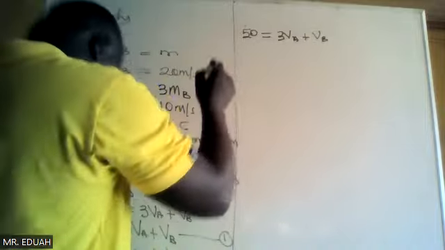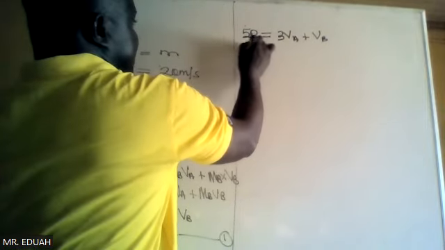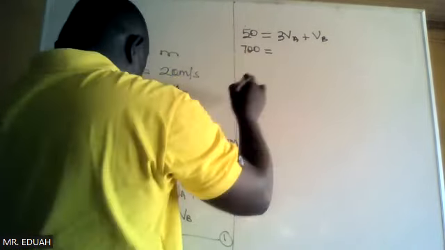And equation 2: 700 is equal to 3VA squared plus VB squared. Our equation is such that, in fact, one is linear. Equation 1 is a linear equation. Then equation 2 is a quadratic equation.